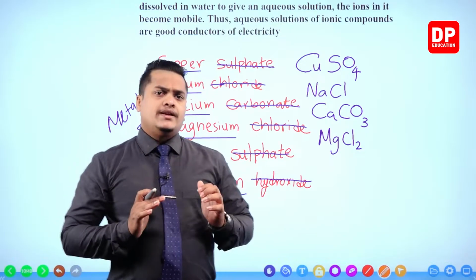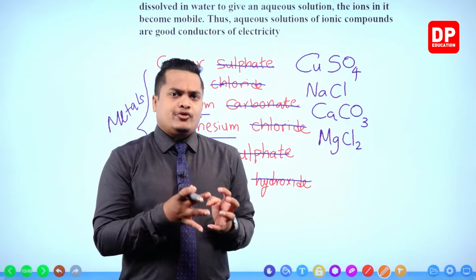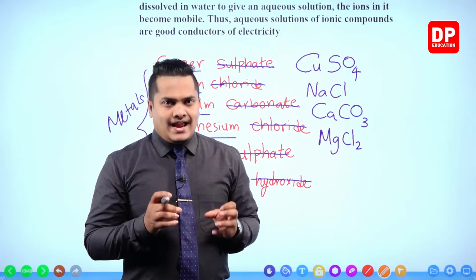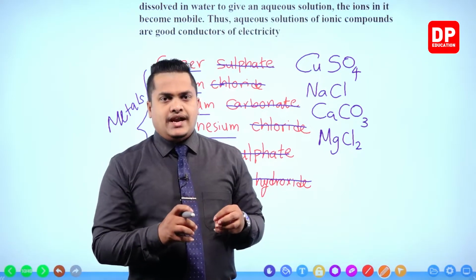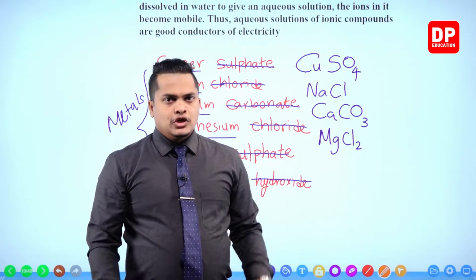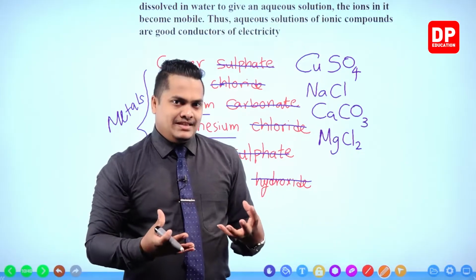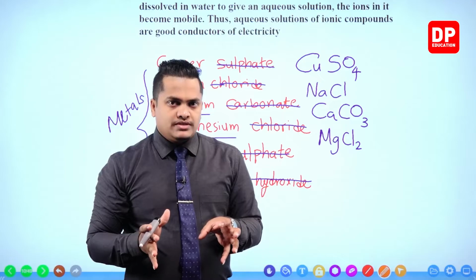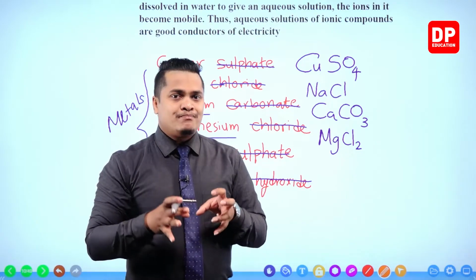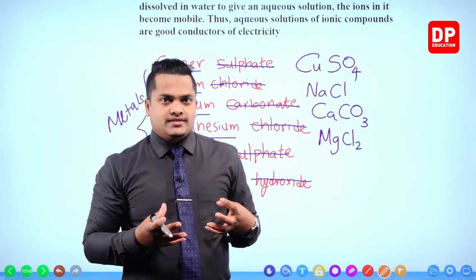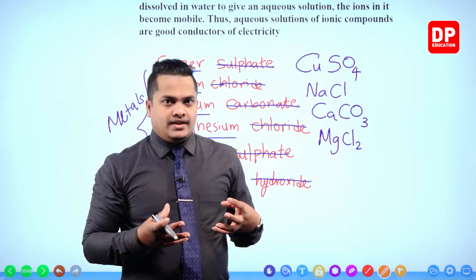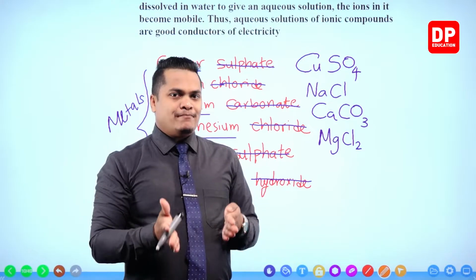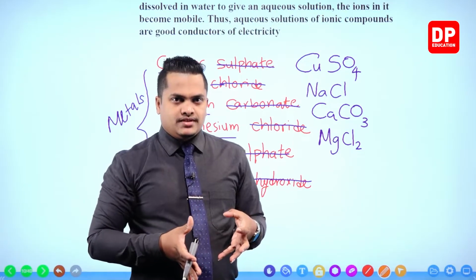I told you that metals have weaker attractions between their electrons and the nucleus of the atom. Weaker attractions. So metals have the ability to remove electrons and to create positive charges. Once again, to remove electrons and to create positive charges.